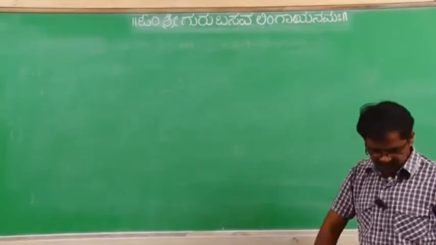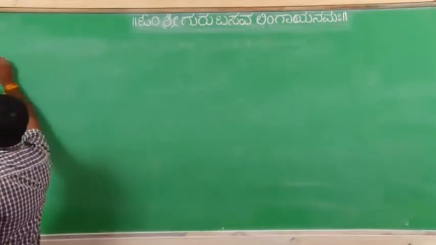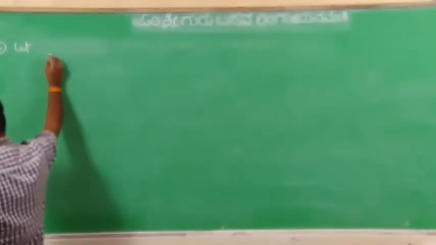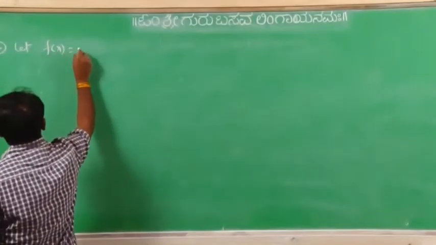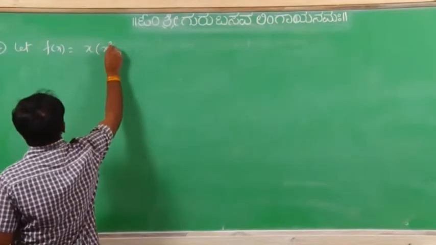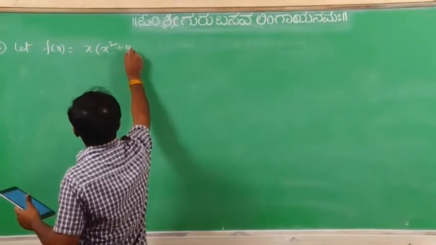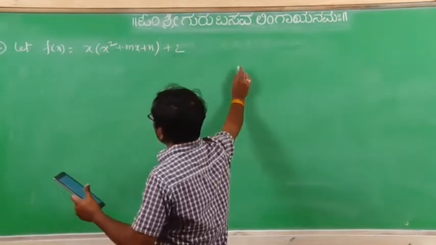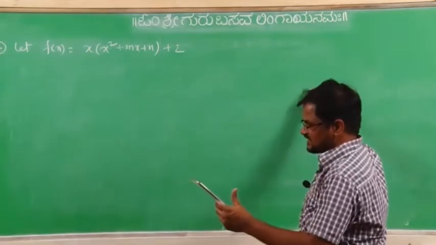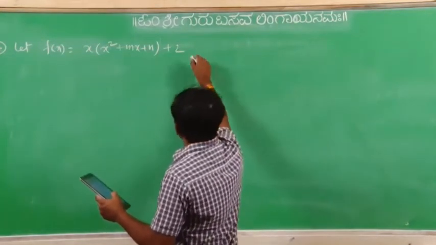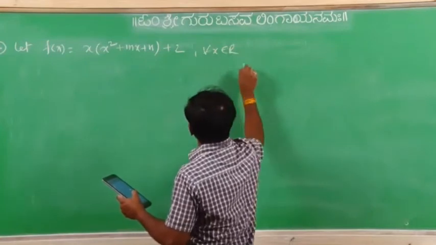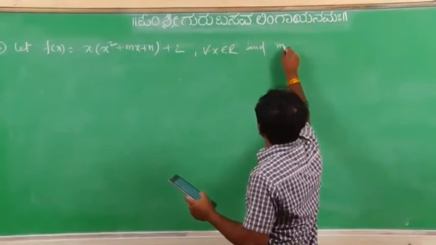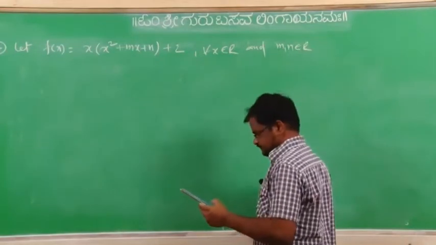Next, one more numerical problem. Fourth one: f of x equal to x into (x square plus mx plus n) plus 2, for all x belongs to real numbers, and m comma n belongs to real numbers.